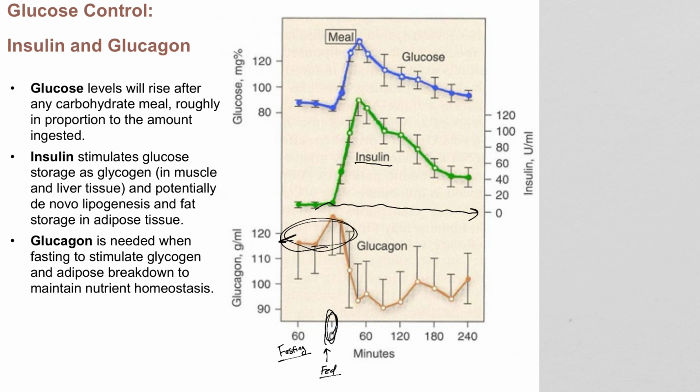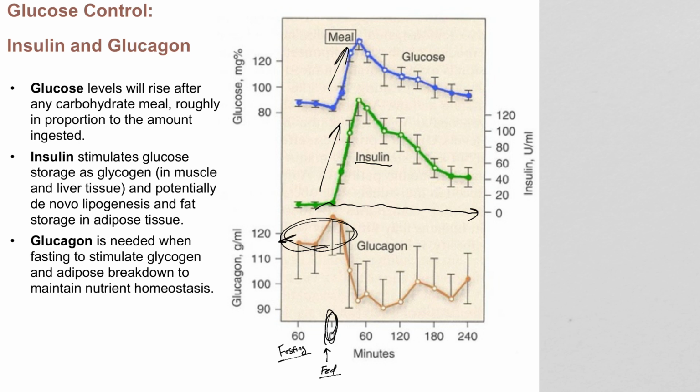Okay, so we give them the glucose, levels spike, makes sense. Insulin levels also spike because, again, we're using that insulin as a storage signal to say, take that extra glucose out of the blood, stash it away in the liver or muscles as glycogen or in adipose tissue as fat or triglycerides.